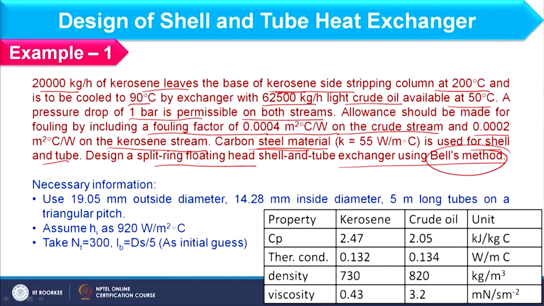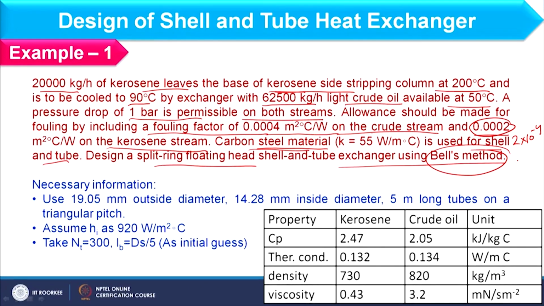So if you see, the less fouling tendency fluid is kerosene in this case because it has a lesser dirt factor as compared to crude. So that is basically 2 into 10 power minus 4, which is less than that for the crude stream, right. So kerosene should be allocated to the shell side, fine.